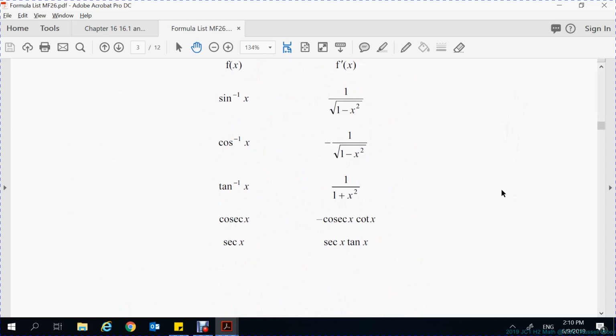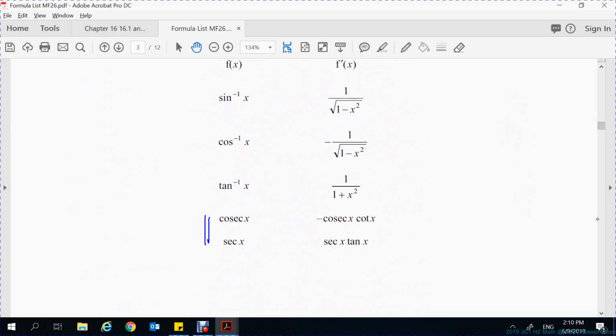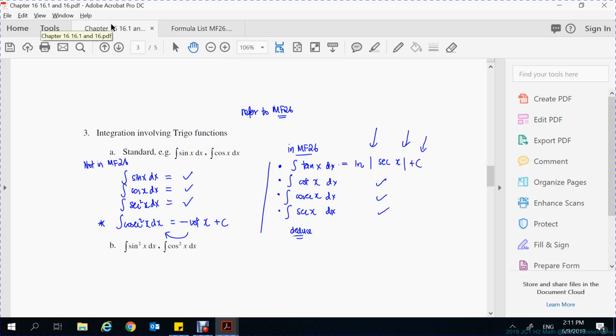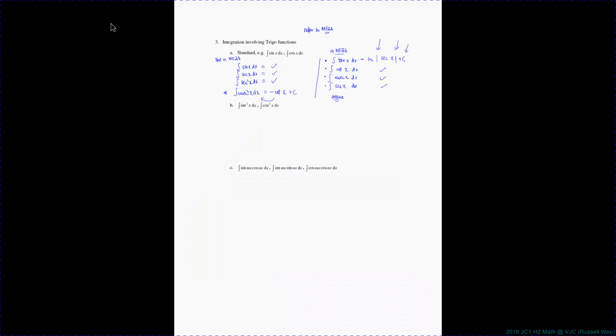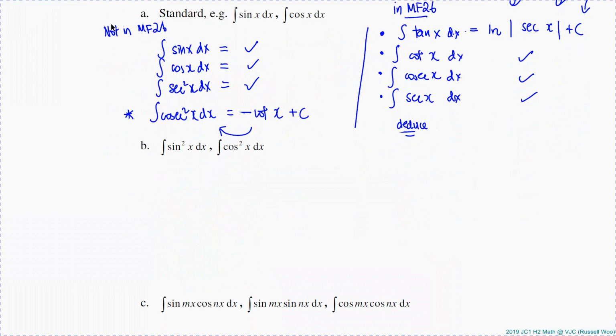Here, under derivatives, you can see that they are listed. That means you differentiate this, you get this; you differentiate this, you get this. In other words, you integrate secant tangent, integrate cosecant cotangent, you will get this one and the rest. So I'll not write in detail, but you should be able to deduce these two.